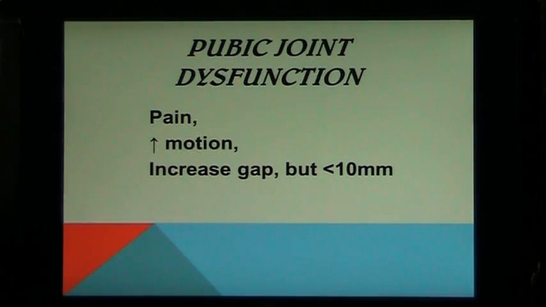It's not considered what they call a diastasis, but rather is described as pubic joint dysfunction. It's an increase in mobility, but in general, it usually is not an instability. I'm sure there are individual differences based on different body types, in which in a very small person that might be a significant gap. But for the majority, they manage fairly well with 10 millimeters width at the mid-pubic joint during pregnancy.